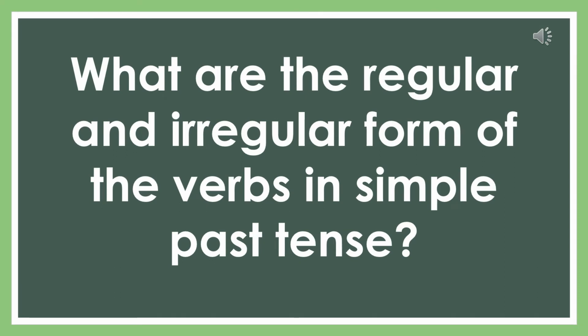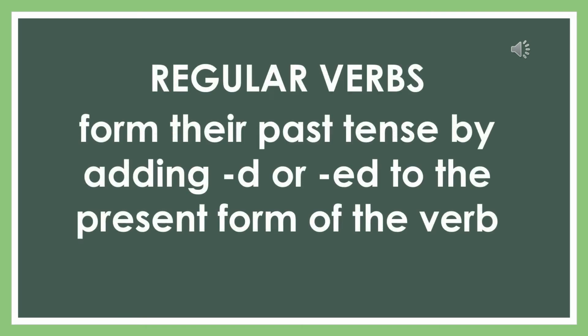What are the regular and irregular forms of the verbs in simple past tense? In simple past tense, we have regular and irregular verbs. Regular verbs form their past tense by adding d or ed to the present form of the verb.